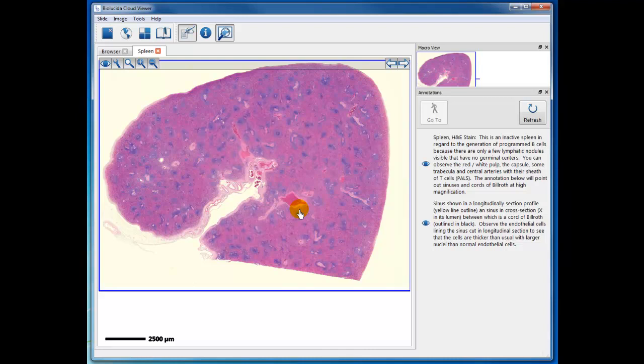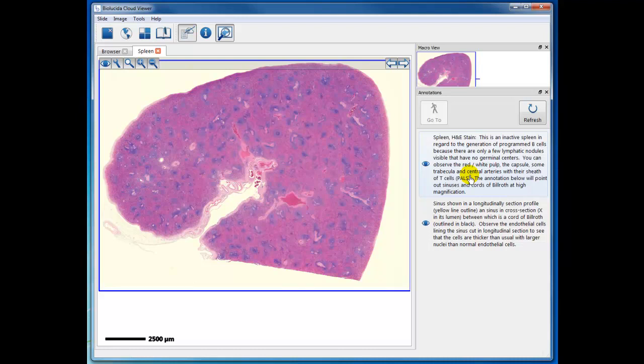The concentration of lymphocytes is greater in the white pulp, where you see the blue staining reaction, because it's a reflection of this close concentration of lymphocytes, which are reacting with the hematoxylin in the stain. Whereas the red would be red blood cells in the sinusoids in the red pulp.